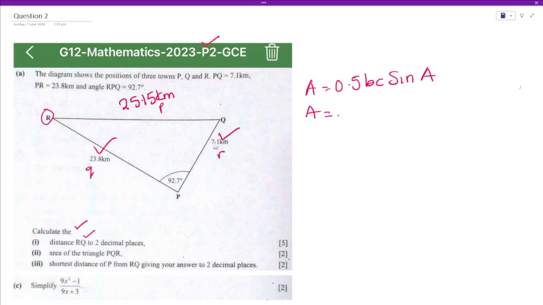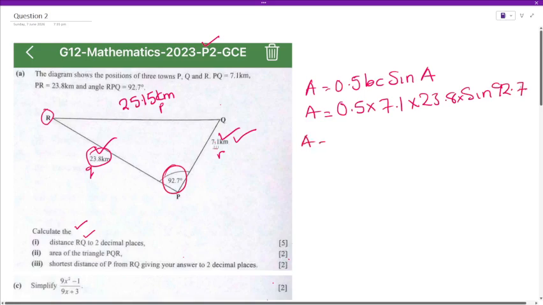So I'll say 0.5 times, I'll assign this one as my B, 7.1 times, then C, I'll assign this one automatically, 23.8. Okay, sine A is the included angle, which is 92.7.